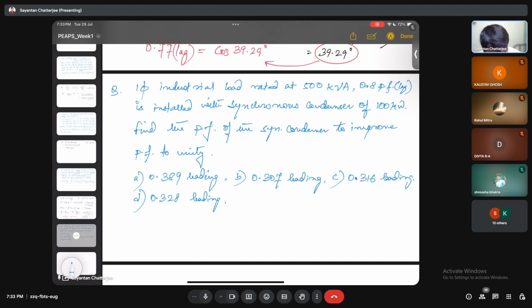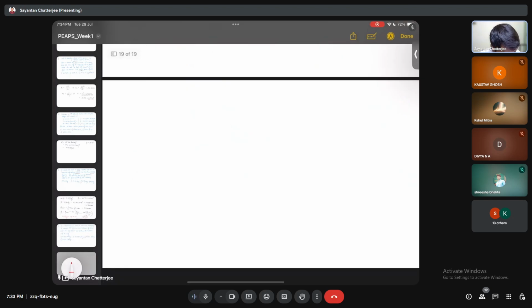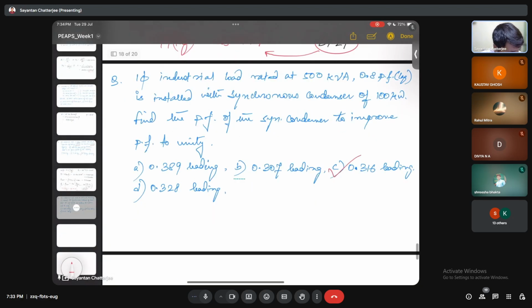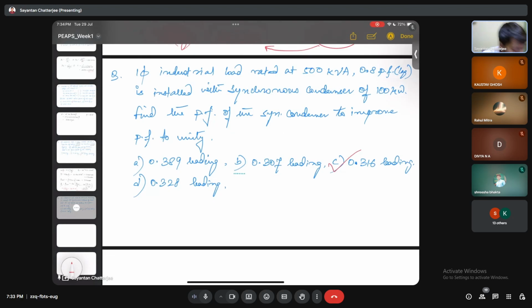Just let me check the answer. Option C, 0.316 leading. Yes, this is the right answer. Okay, let's start solving, and others may please try to solve till then.